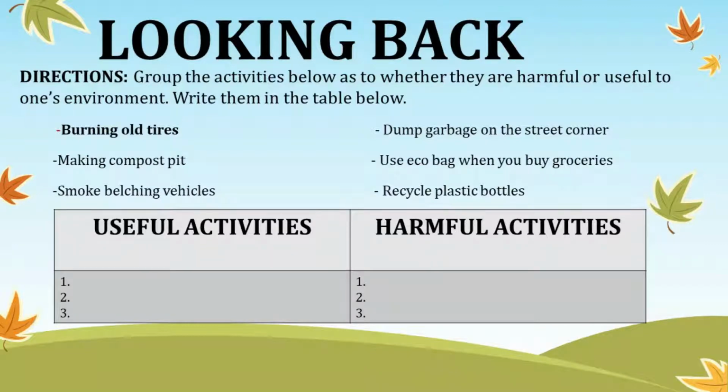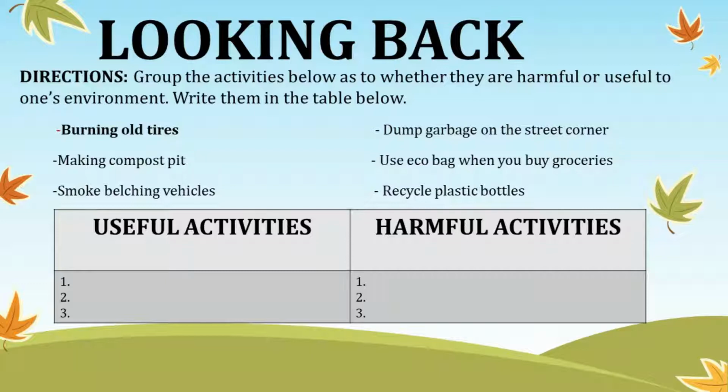As you can see in our Looking Back, we have here two columns, the useful activities and the harmful activities. You are tasked to group the following activities whether they are useful or harmful. For example, number 1, burning of old tires.